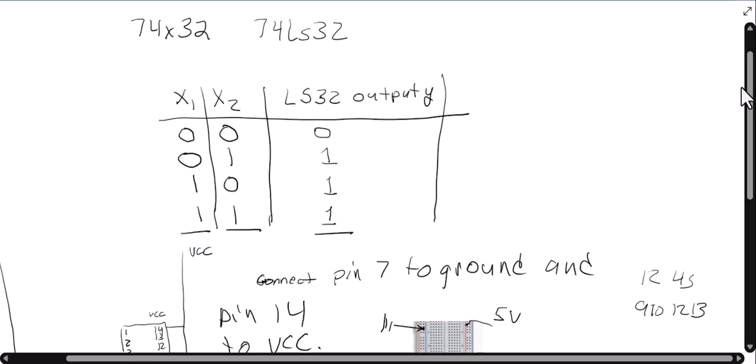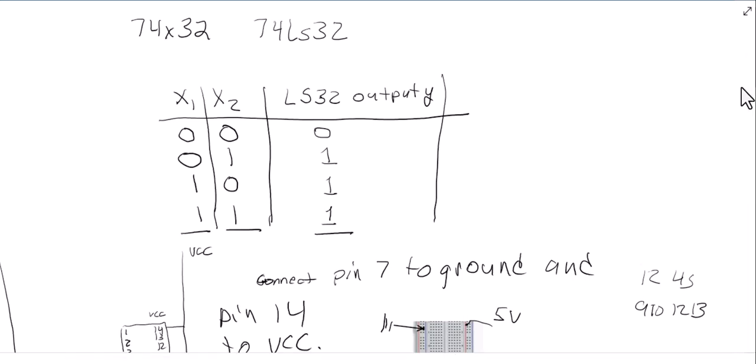And for the OR gate, it doesn't have to be both of them on, it just has to be one of them on. So if either one of them is on, that's not going to be the same for y'all's.